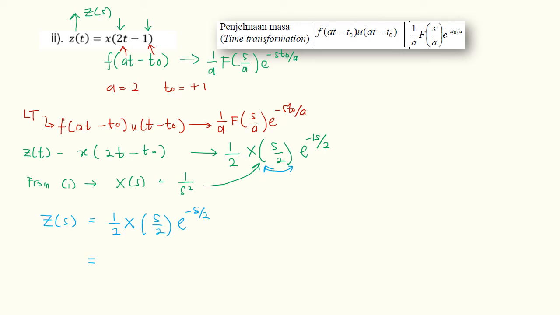Your X(s) is 1 over s squared, but all s must be divided by 2. So, 1 over 2 times 1 over (s divided by 2) squared, multiplied with the exponential function e to the minus s over 2. Okay, so this is your Z(s).